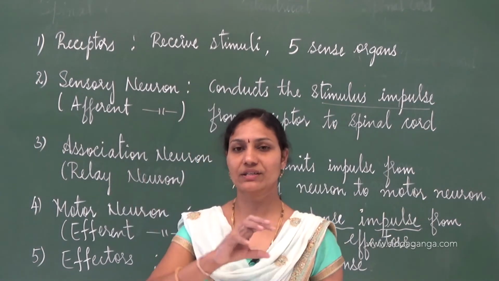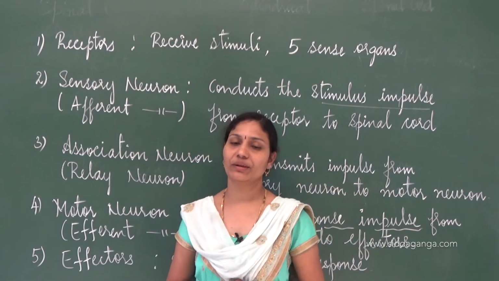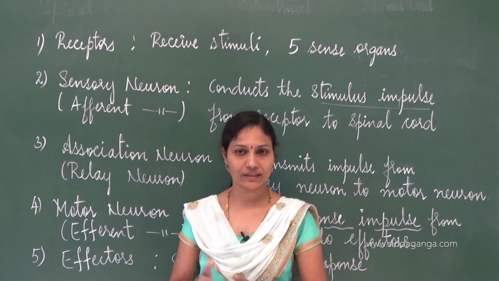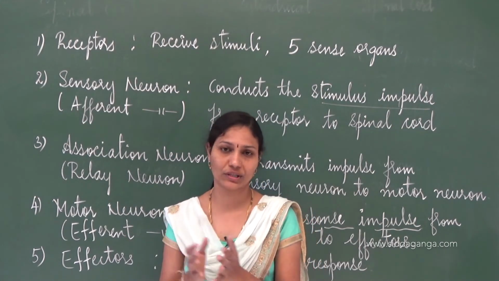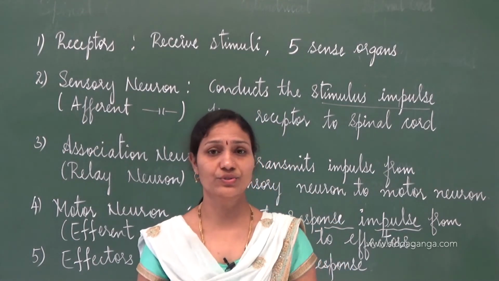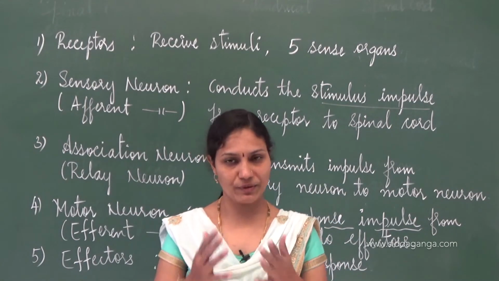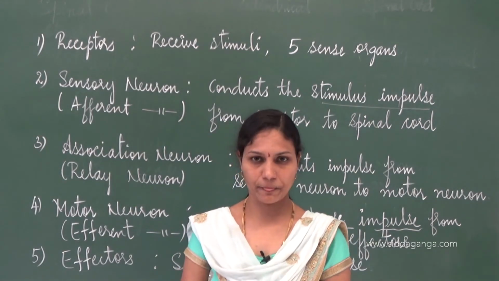So the brain has centers for all these things also. Next we'll move on to another topic. We'll understand what the brain is made up of, what the components are, how it is structured, and also the functions of the brain. Before that, I would like to give a flow chart with respect to the nervous system.